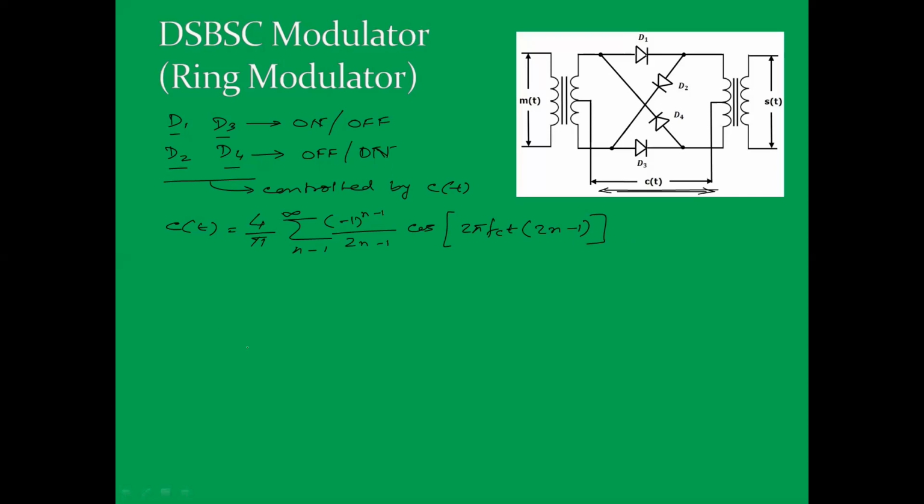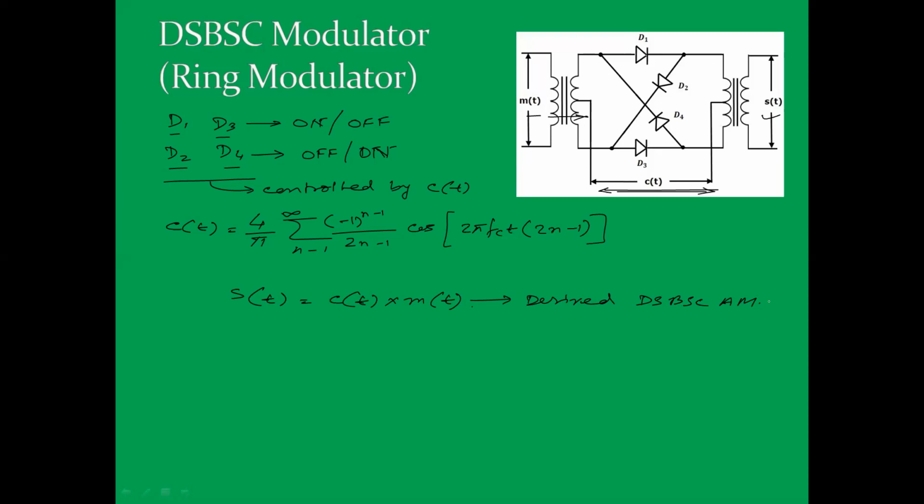Now what is the output S of t? This is M of t, and M of t is fed to the ring modulator circuit, and after passing through the ring modulator circuit, S of t is given as C of t into M of t, which is my desired DSB SC amplitude modulated signal.